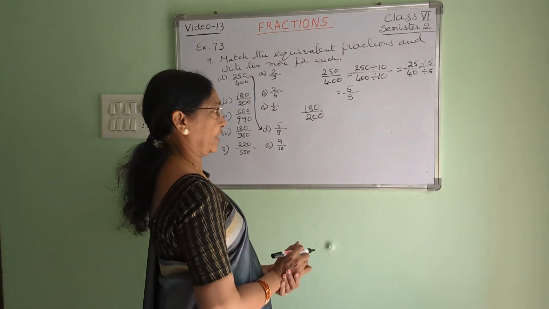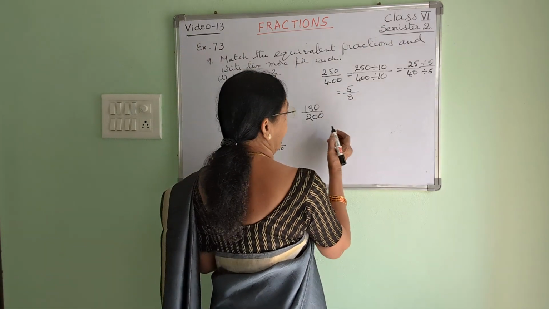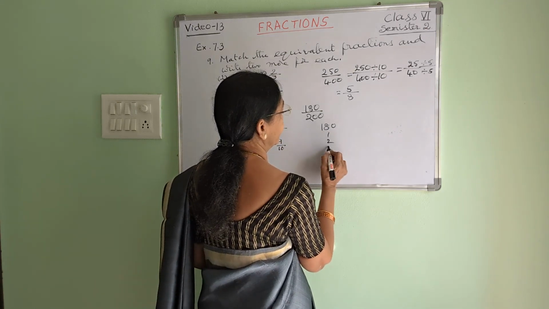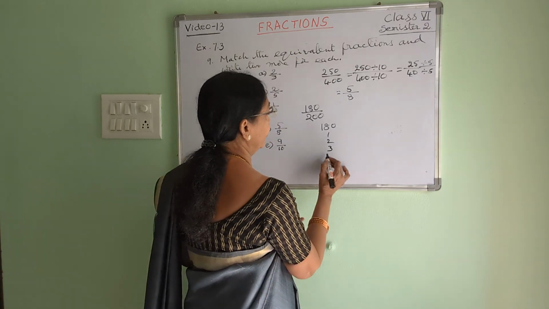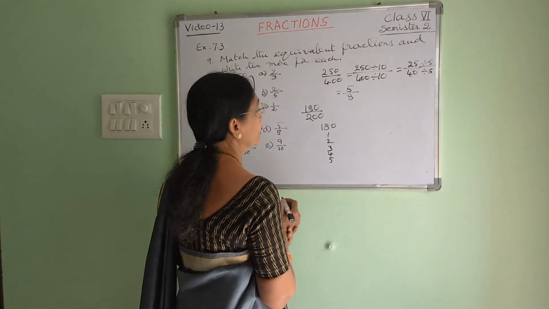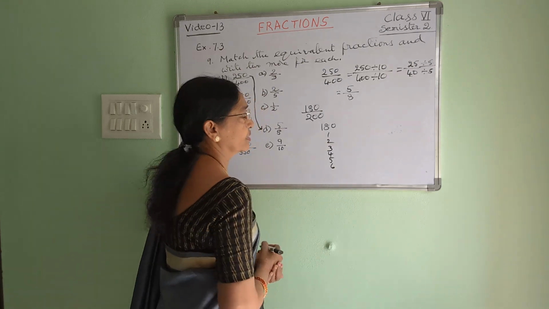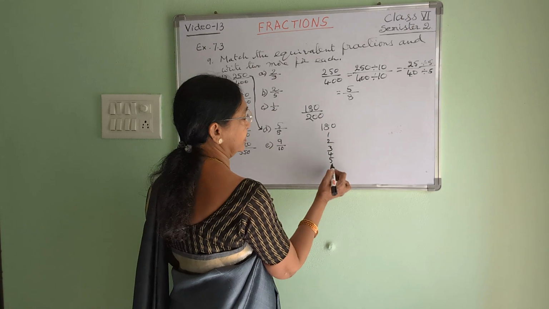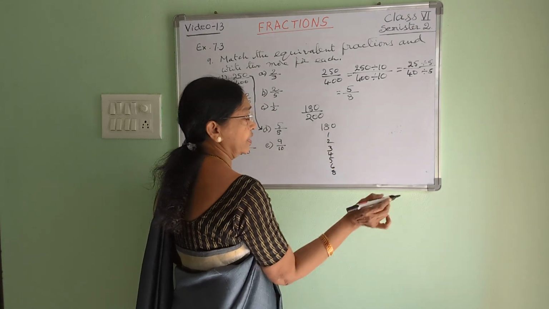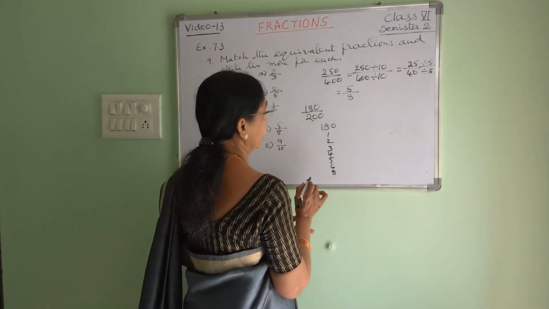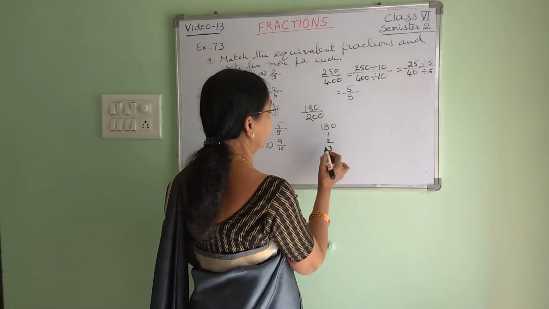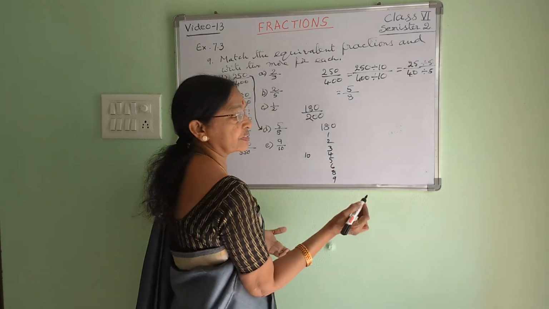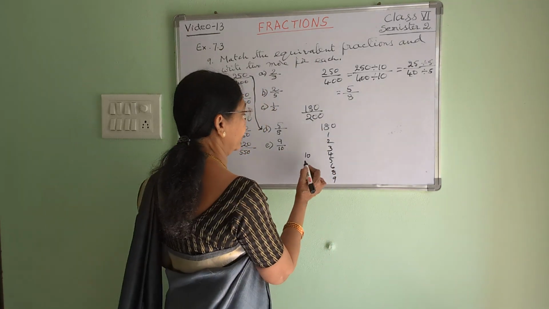So the factors of 180 are 1, 2, 3, 4, 5, 6. 7 is not a common factor. 8 is a factor. 8 is a factor because 2 and 4 are factors. 9 is also a factor. 10 is a factor. 11 is not a factor. It is not divided by 11.